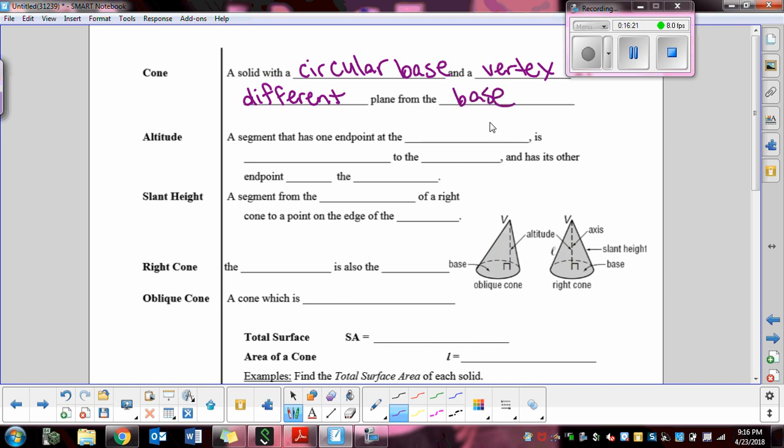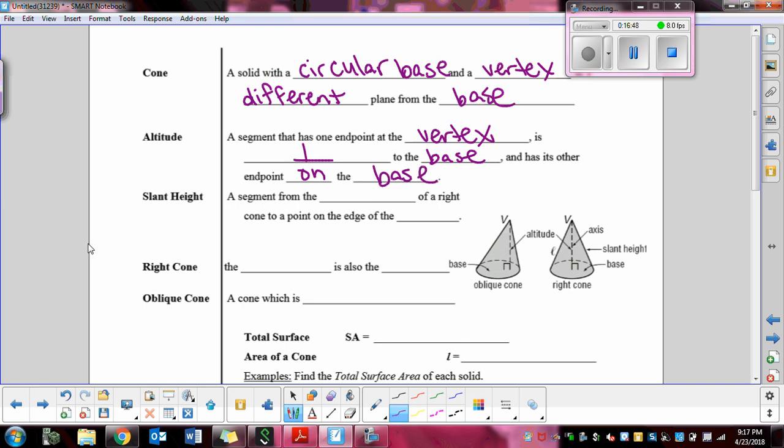That's okay. Just remember that you guys know what a cone looks like. The altitude, it says, is a segment that has one endpoint at the vertex, is perpendicular to the base, and has other endpoints on the base.